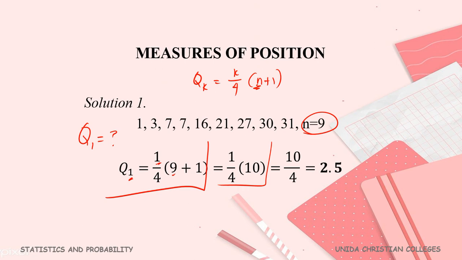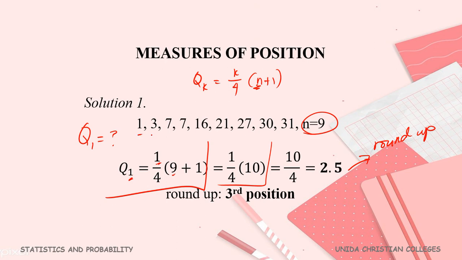At again, anong sabi natin kanina sa Mendenhall and Sinsich method? Kapag si first quartile po ang kinukuha, anong gagawin niya sa position? Round up. Okay? So, round up natin, your position will be the third position. So, paano nyo ngayon kukunin yung value? Tingin kayo sa data, and then hanapin yung pangatlo.